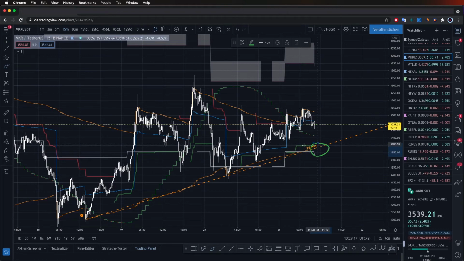We have this line, which will maybe do something like that now. I can't predict how this plays out, but what I want to say is we have the 15 minutes line, the bull trend, as well as the step line as supports. So if our price comes back here, I am willing to go into a long trade.